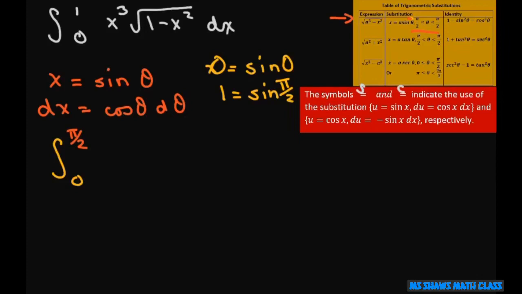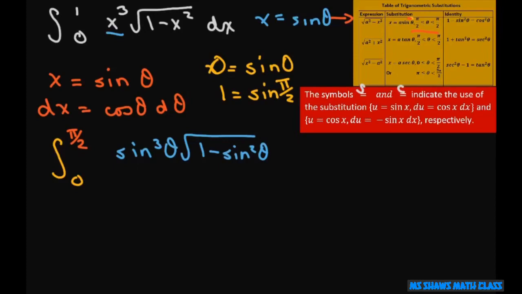Now, we can change this up by writing the substitution. So basically x cubed, and we're letting x equal sine of theta. So that's going to be sine cubed of theta times the square root of 1 minus sine squared of theta.